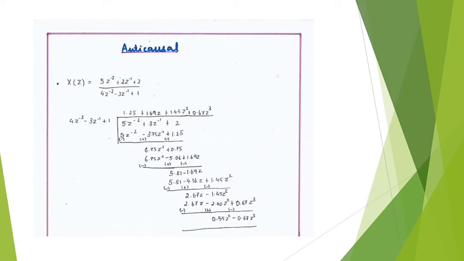Now for the anti-causal system, we use the long division method. We divide 5z to the power minus 2 plus 3z to the power minus 1 plus 2 by 4z to the power minus 2 minus 3z to the power minus 1 plus 1. The denominator times 1.25 cancels out 5z to the power minus 2, and we have a remainder of 6.75z inverse plus 0.75.